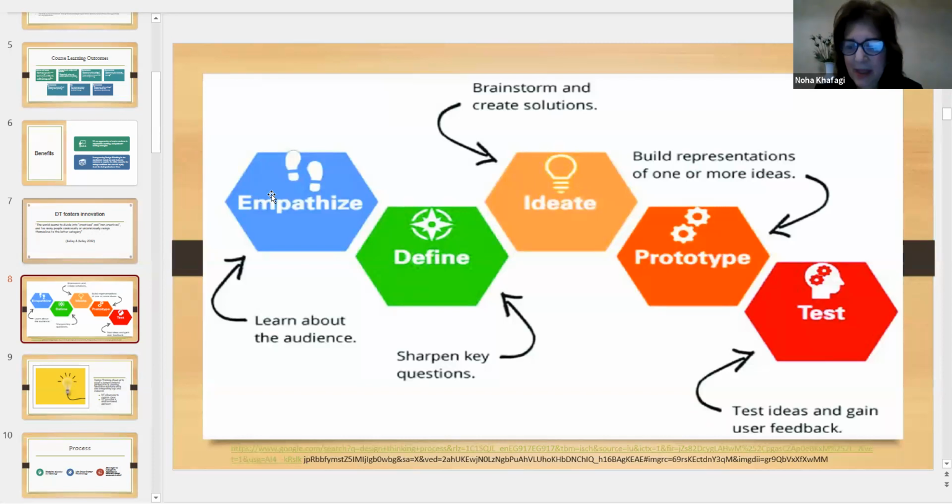The third one is ideate, which means the students are going to brainstorm radical ideas and create solutions and build on other ideas. So here, there is going to be a flow of ideas, brainstorming, and they have to learn to suspend judgment. Why?